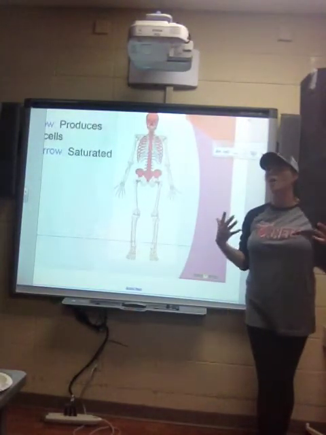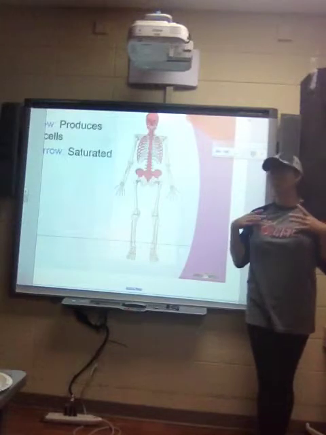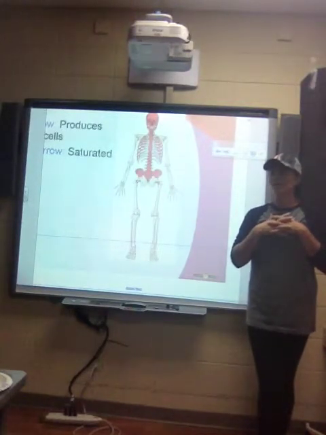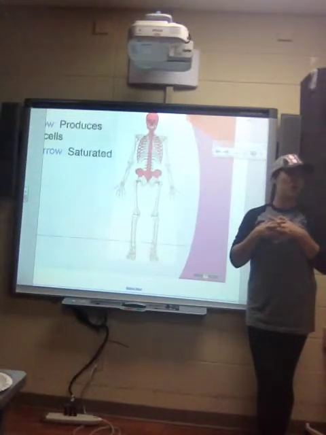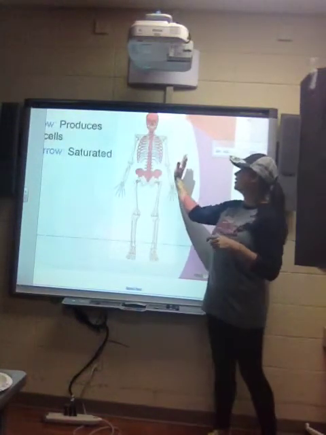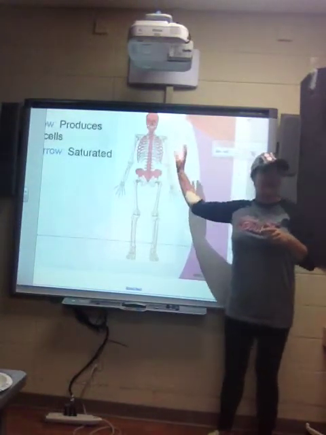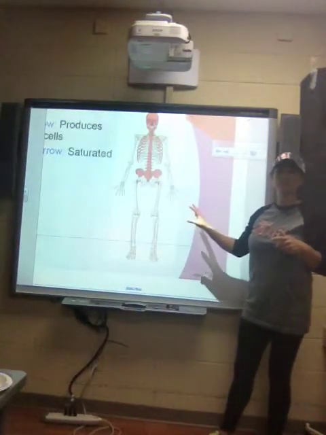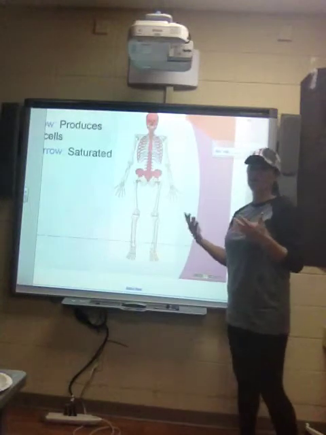So the majority of our body, the bone marrow is going to be filled with yellow. Now, if you get very ill and sick, we can convert yellow bone marrow back to red bone marrow. If you were sick, like with cancer, this would convert over to red bone marrow so that you'd make lots of red blood cells to help out.